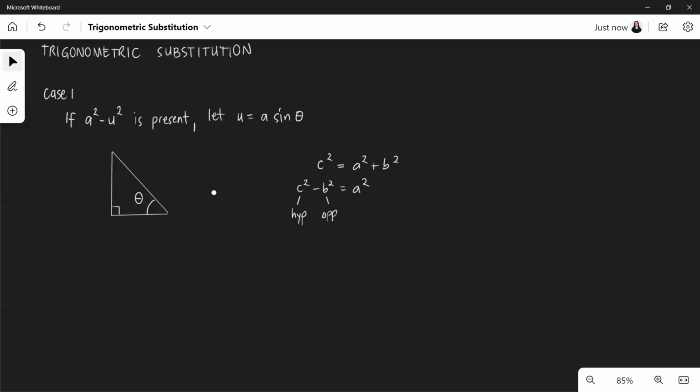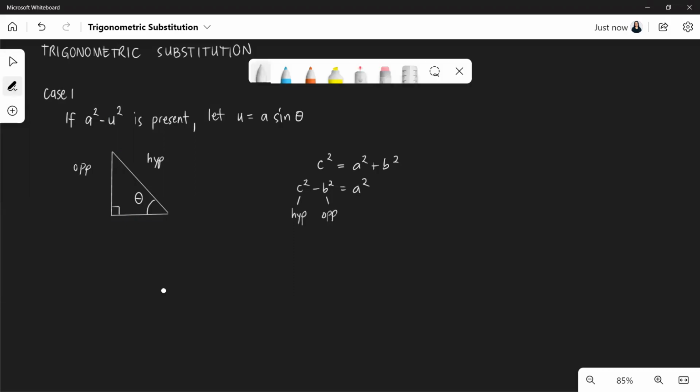So if we have this right triangle, and this is angle theta and this is the right angle here, this must be the hypotenuse of the right triangle, and this is the opposite side. So we let the a here, the constant, be on the hypotenuse of the right triangle.